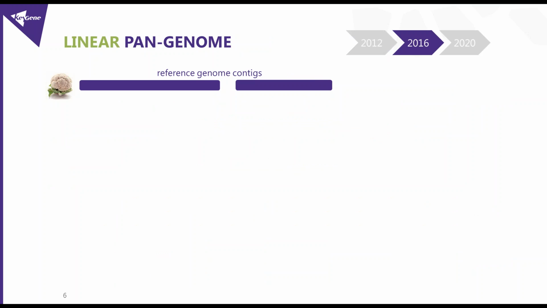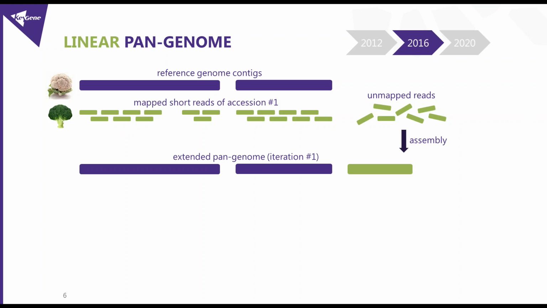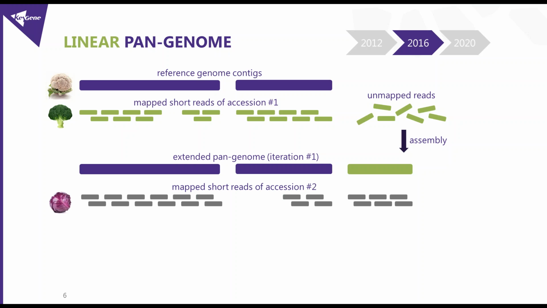About 4 years later, we started looking at this in a different way. So we took the reference genome, again, mapped the short reads from a certain accession to it, but also had a look at the unmapped reads. We took those unmapped reads, assembled them de novo, and then added them to what we call a pan-genome. And then we took the second accession, mapped the short reads of the second accession to the pan-genome that we had.